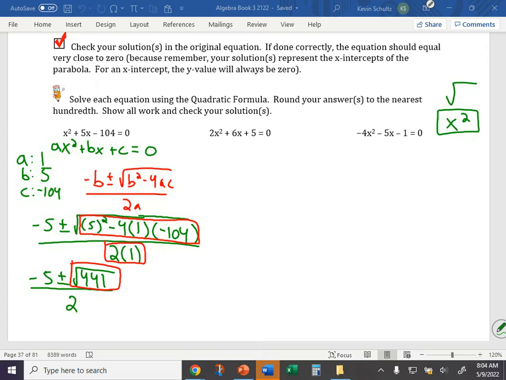21. Elliot, I got 445. Okay, so check your calculation again. Did you only do what's under the root, Elliot, or did you include the -5 out in front? I did not include the -5.